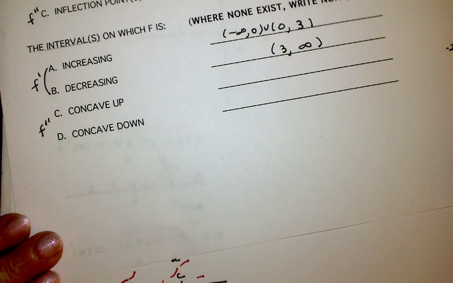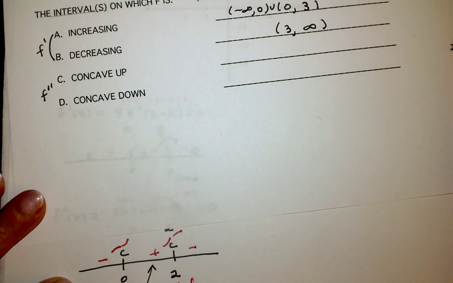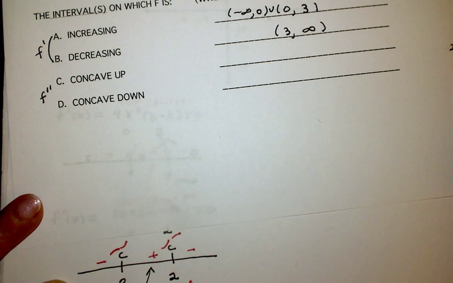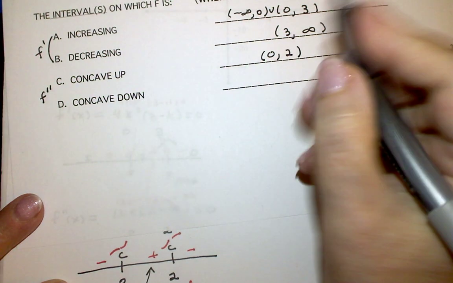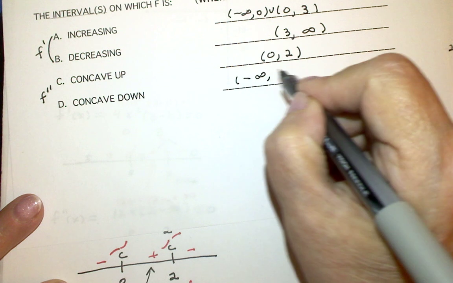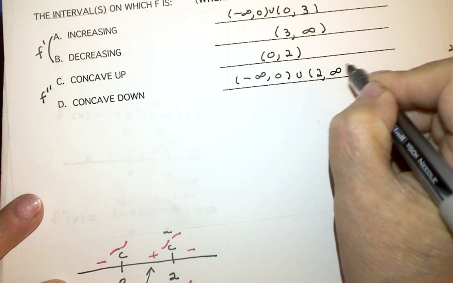And then concave up between 0 and 2. Concave down from minus infinity to 0 and 2 to infinity.